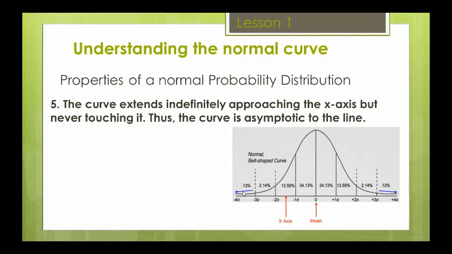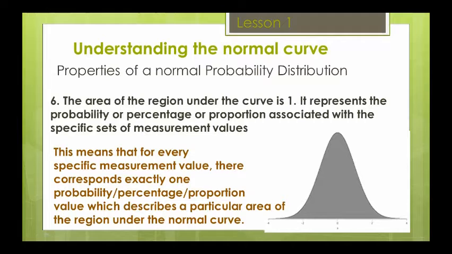And then number 6, the area of the region under the curve is 1. So yung area, lahat yan is equivalent to 1. It represents the probability or percentage or portion associated with the specific sets of measurement values. So take note always that the area under the normal curve is equal to 1.